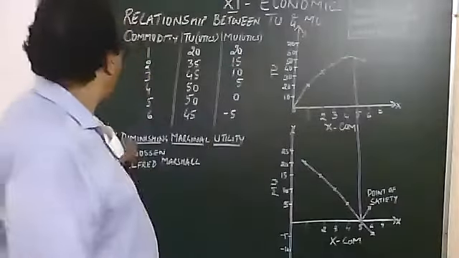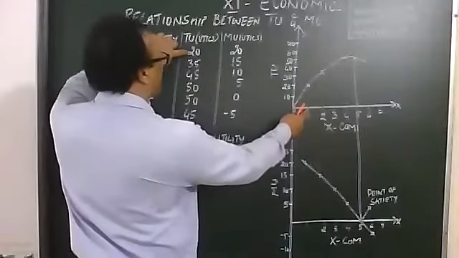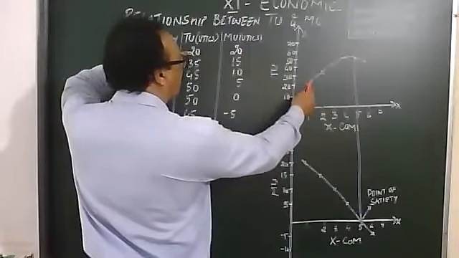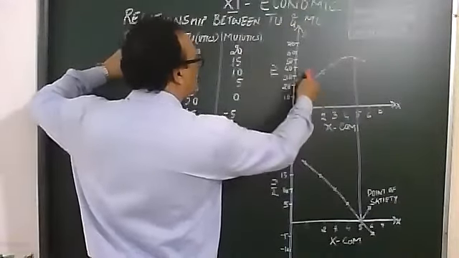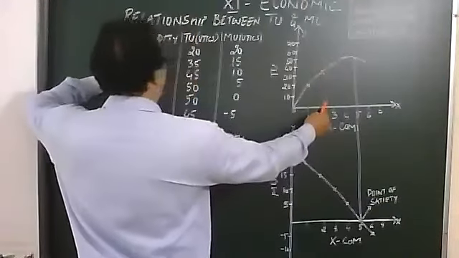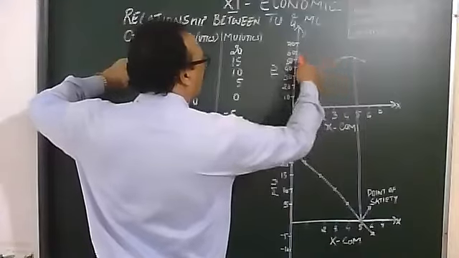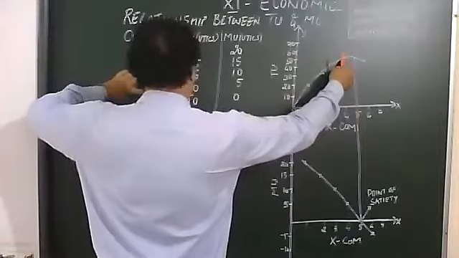Very simple. The first commodity is X1. 1 gives you 20. So on 20, you will put a point over here. 1 on 20. Second on 35. Third on 45, somewhere between 40 and 50. Fourth on 50.